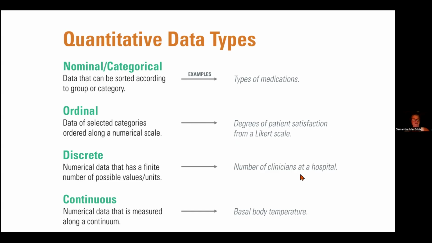Or do you have data that is discrete, meaning it's a number of things out of a total that is fixed, right? And the example here is number of clinicians at a hospital. I was just using colors, so number of colors out of all possible colors, or all primary colors, something like that. And then continuous is for data.